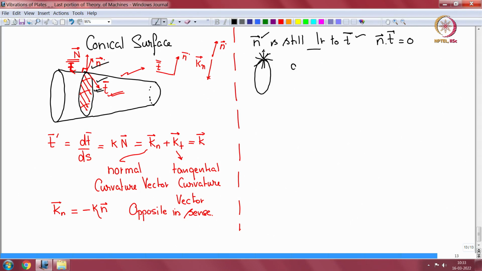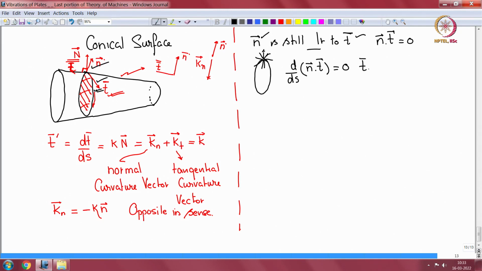And if we take a derivative with respect to the arc length, so this is the arc length, then we have equal to 0, which means what now?